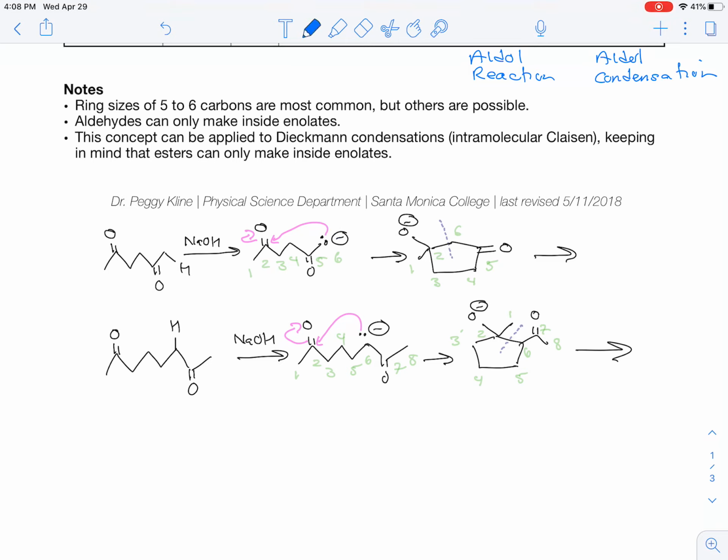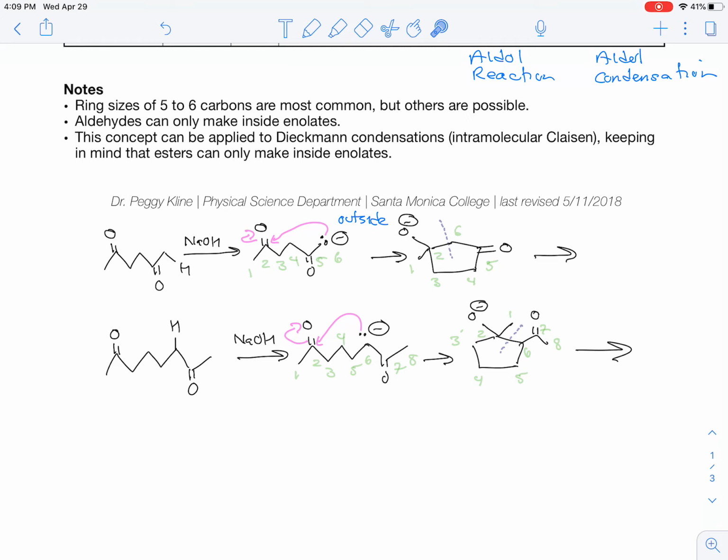And so carbon 6, the outside enolate, attacks the carbonyl carbon, and we get this compound where the new bond is between carbon 2 and carbon 6. The new bond is going to be between 2 carbons that don't have consecutive numbers because you've stuck different parts of the chain together. And then this can go on and react.